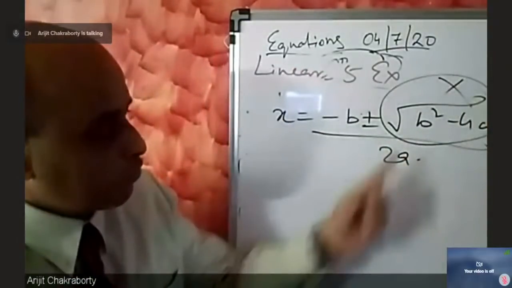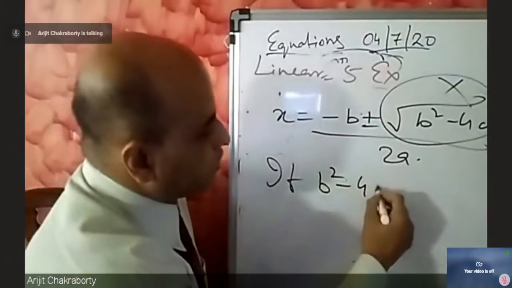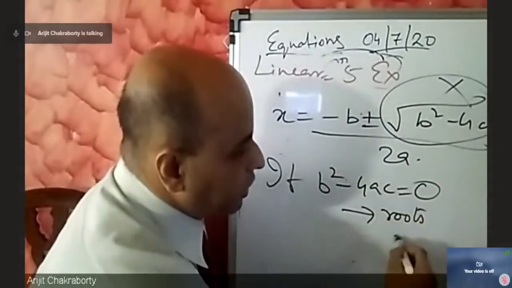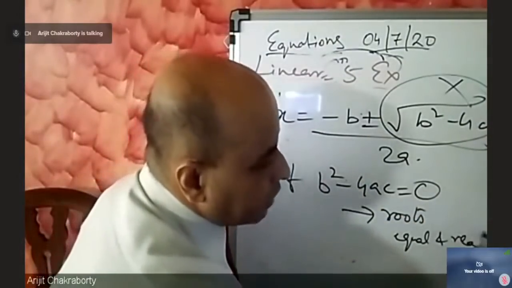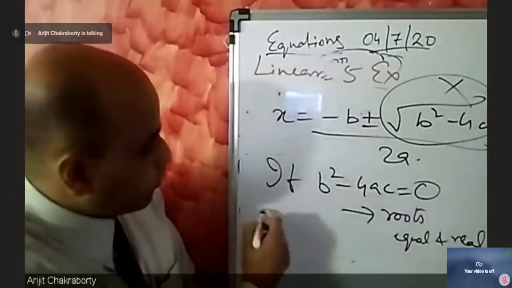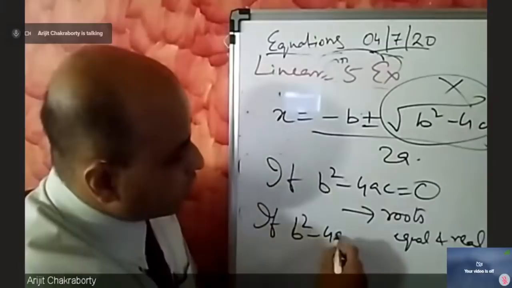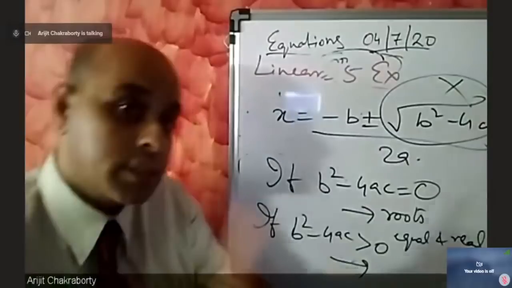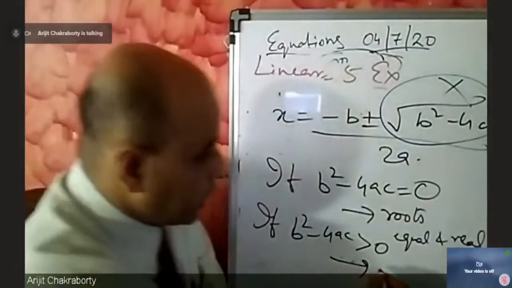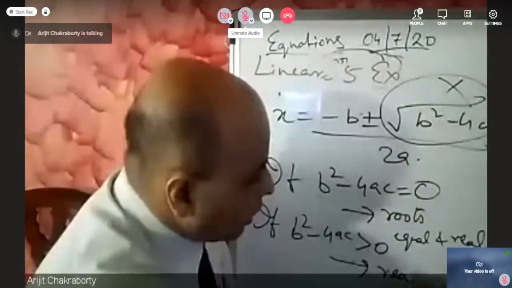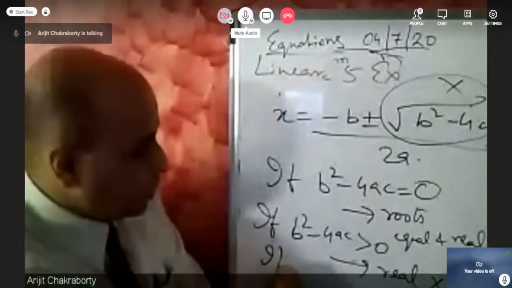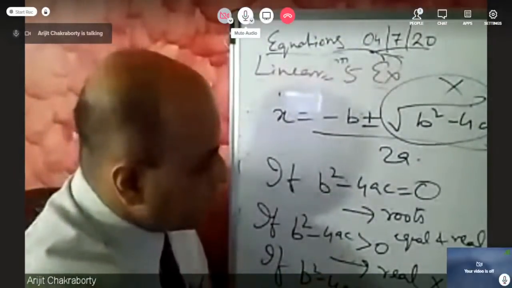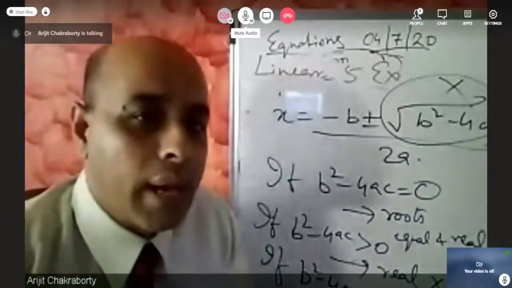So if b square minus 4ac is 0, then the roots will be equal and it will definitely be a real number. If b square minus 4ac is greater than 0, then the roots are real, but unequal. And if the third possibility is, if b square minus 4ac is less than 0, then it will become imaginary.